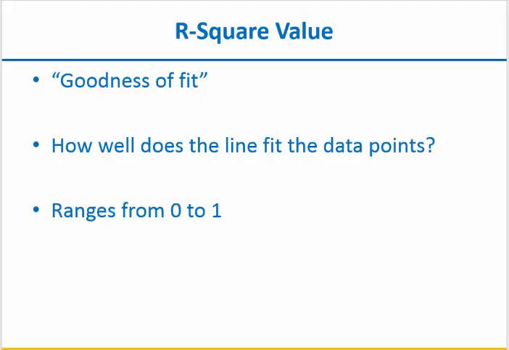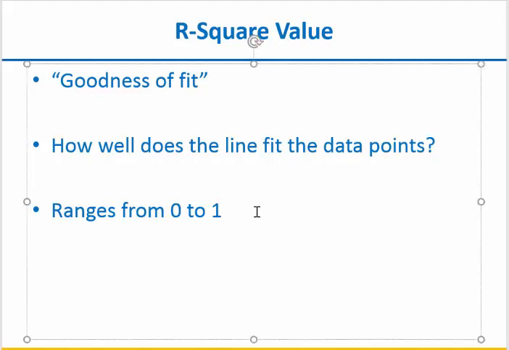Sometimes you're lucky that your data is very nice, and you're able to find a straight line, a linear equation, that fits the data. But sometimes your data shows a curve, so a linear equation may fail to fit the data. In that case, you may not have a good R square value. So that's the idea of R square: goodness of fit, ranging from 0 to 1.